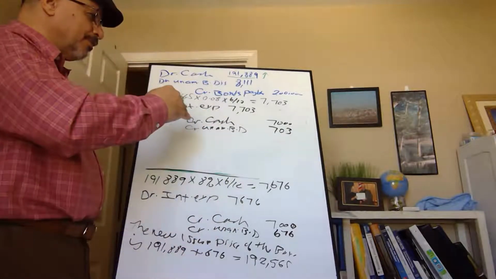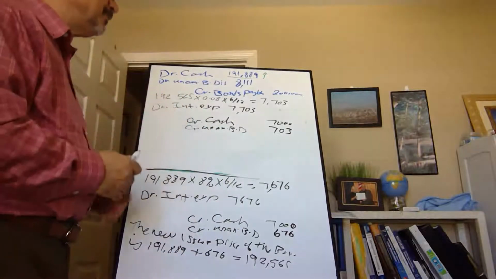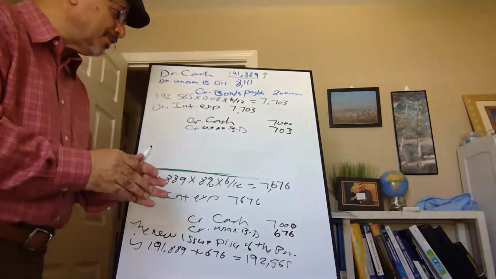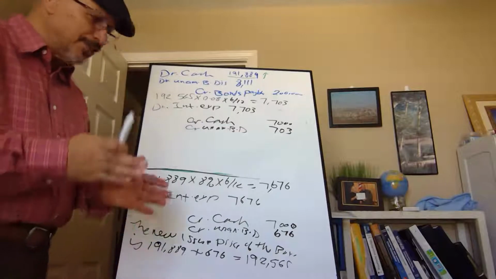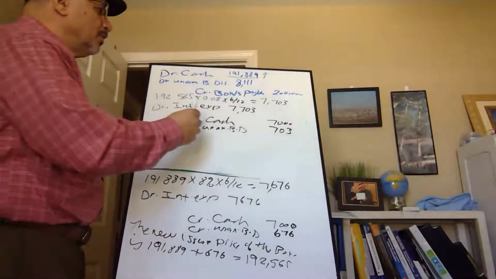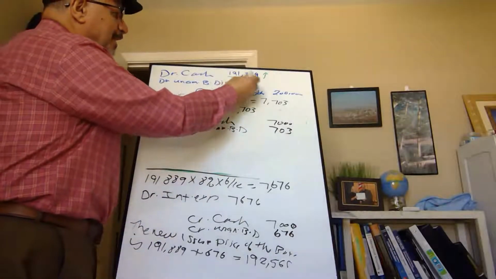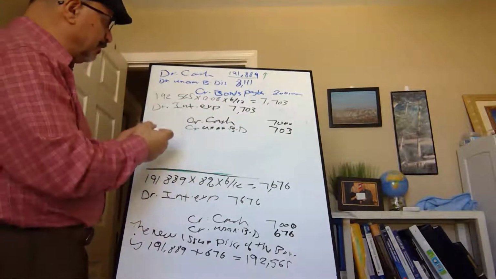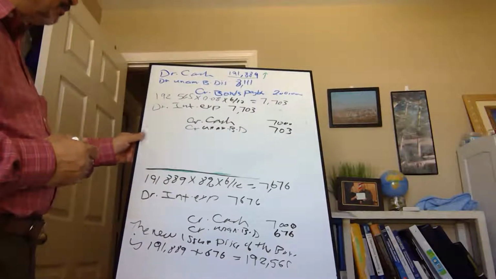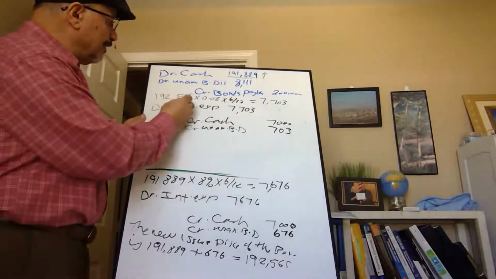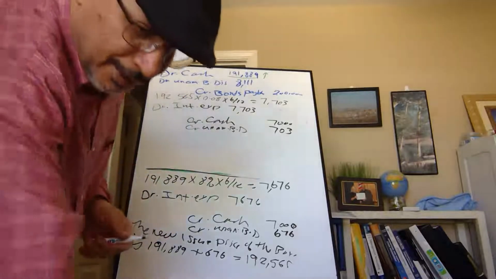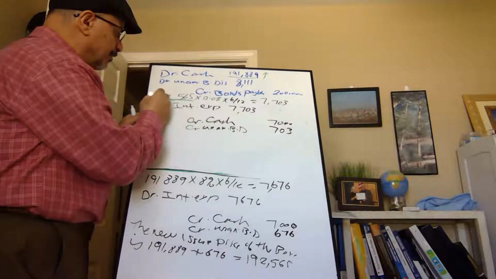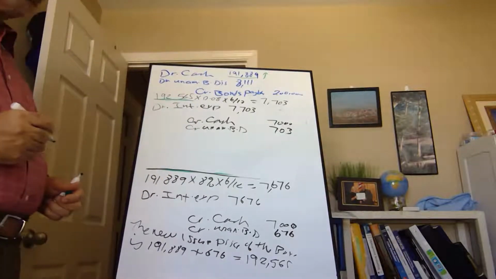Now, for the next journal entry, we have to update the new carrying value. Every time you do an adjusting entry or a payment of interest entry, you have to update the carrying value of the bond. The carrying value went up to 192,565.